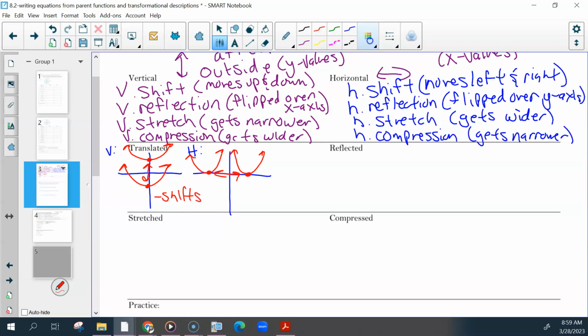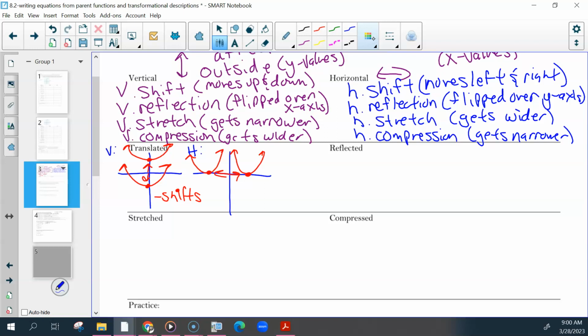That's what we've been using. But you could also say it was vertically translated up however many units. It was horizontally translated left how many units. That would just be another word for it. Questions so far? It's not really new information, just a lot of the same things we were already doing. Just putting it all together.